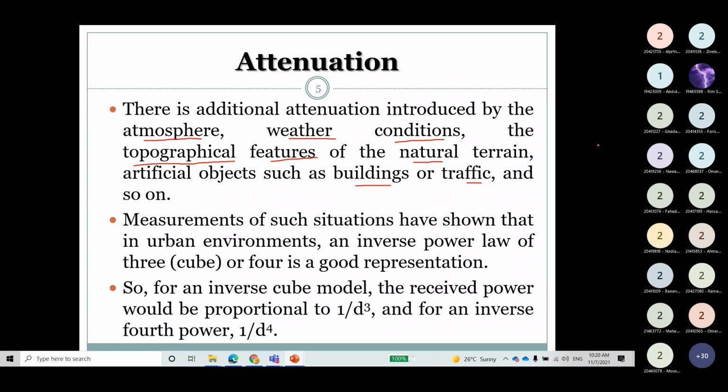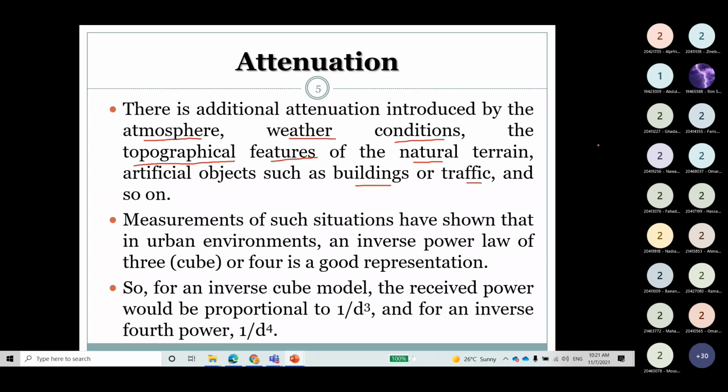So this is why, when you are in some places where there are many topographical features of nature, or when there are some very high buildings, you will have some trouble with the connection. Why?